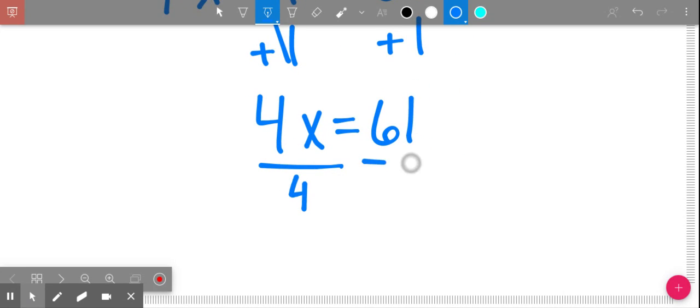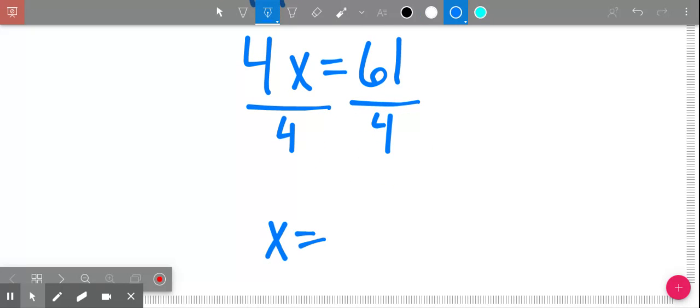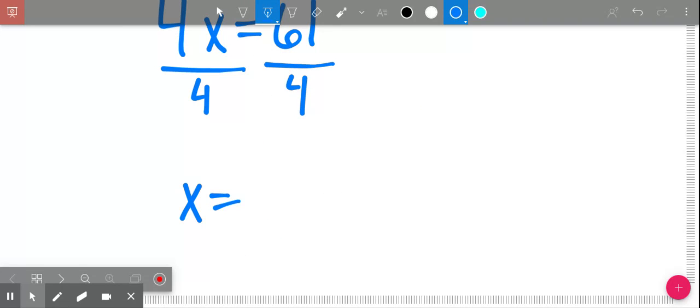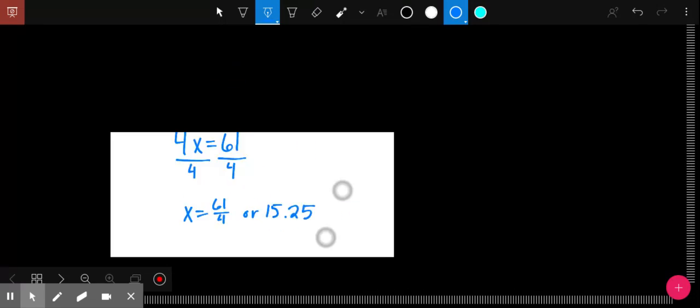We're going to divide out the 4. So we'll get x is equal to 61 divided by 4 does not reduce. Okay, so we can have two options. We can just leave it as 61/4, so 61 over 4, or you can rewrite it as a decimal, which is 15.25.